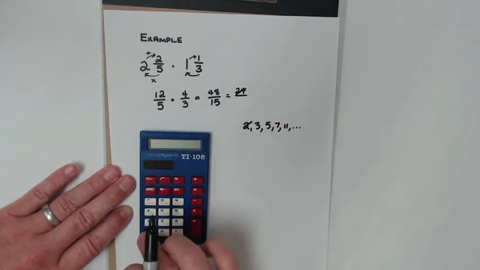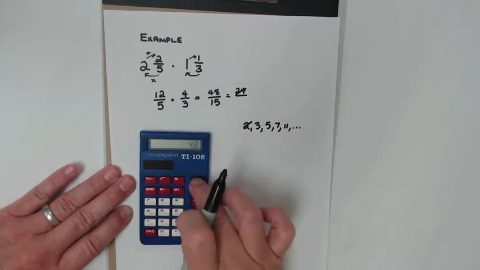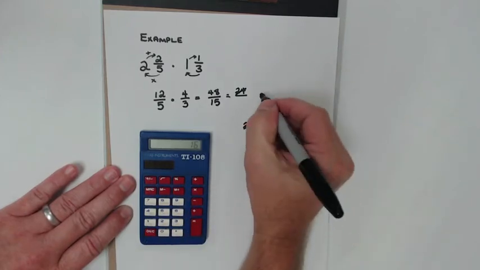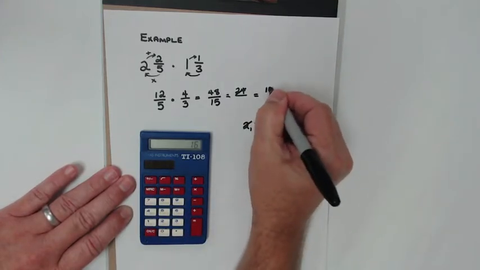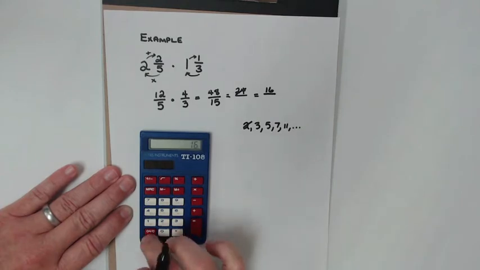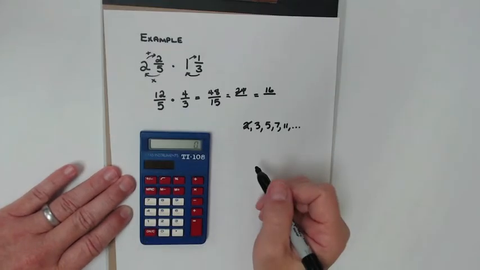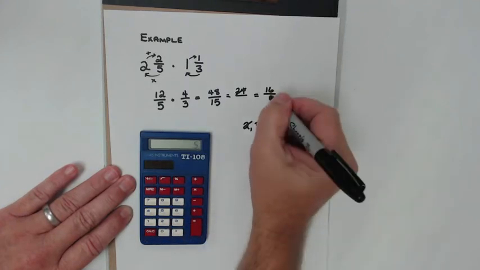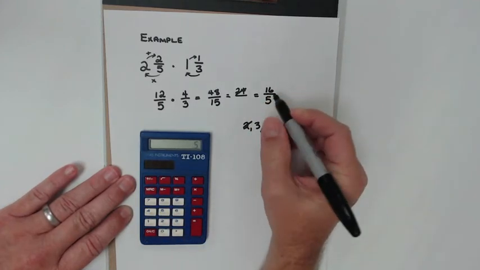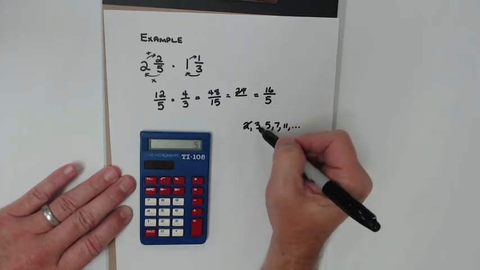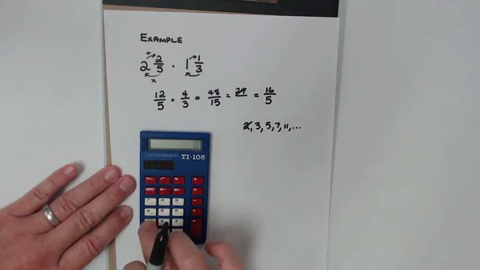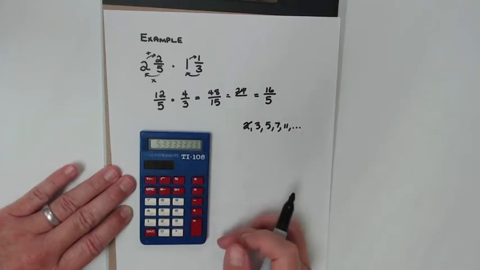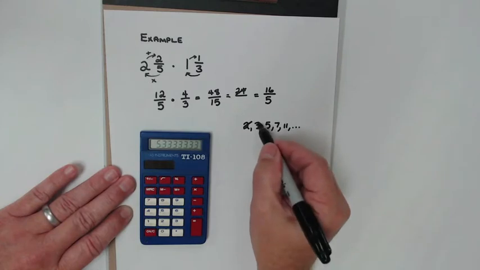Let's go to 3. 3 will go into 48 16 times. Will 3 go into 15? 15 divided by 3 is 5. So I reduced it that much by using 3. Let's see if 3 will work again. 16 divided by 3, 3 is not working anymore.